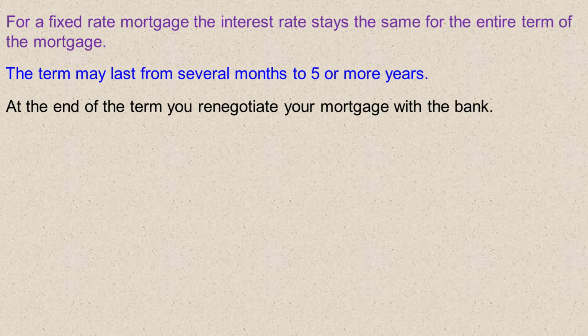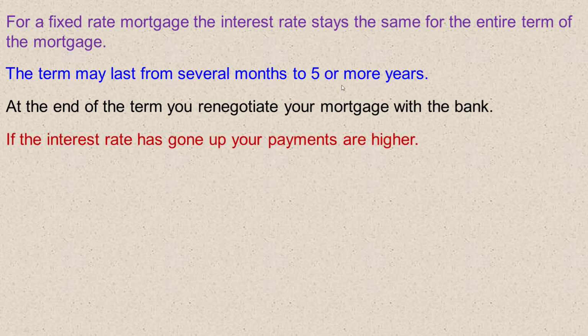So for a fixed rate mortgage, you know what that interest rate is for however many months or years. At the end of that, you still owe some more money, probably, unless you're getting close to the end of your term, and you renegotiate with the bank, not to refinance it, but to continue your mortgage.